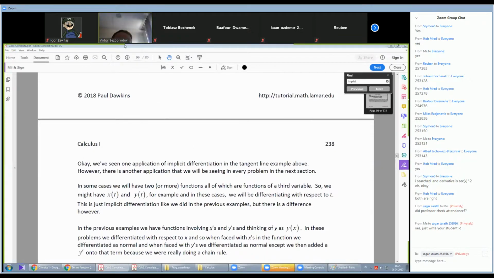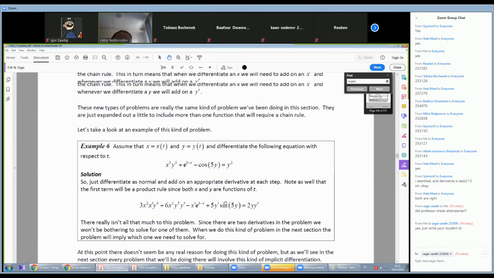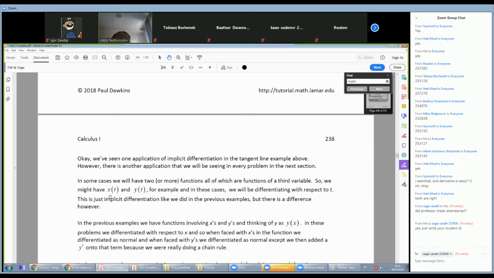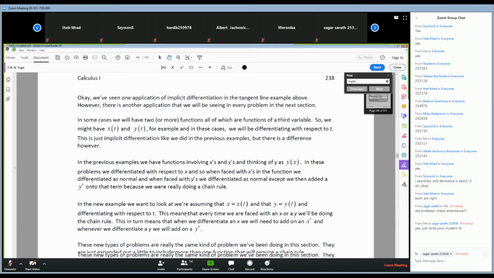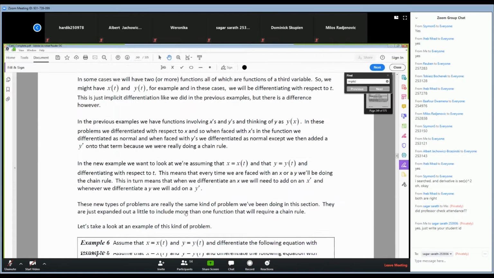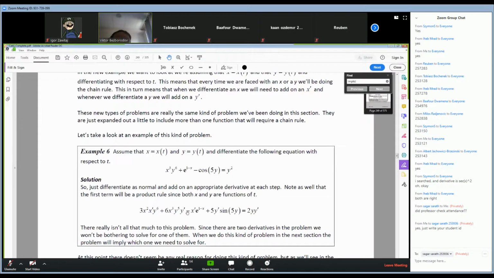Now it may also be the case that both variables are functions of a third variable. It's common notation to denote this third variable as t. So x is a function of t and y is a function of t. Now we can consider taking derivatives with respect to t.